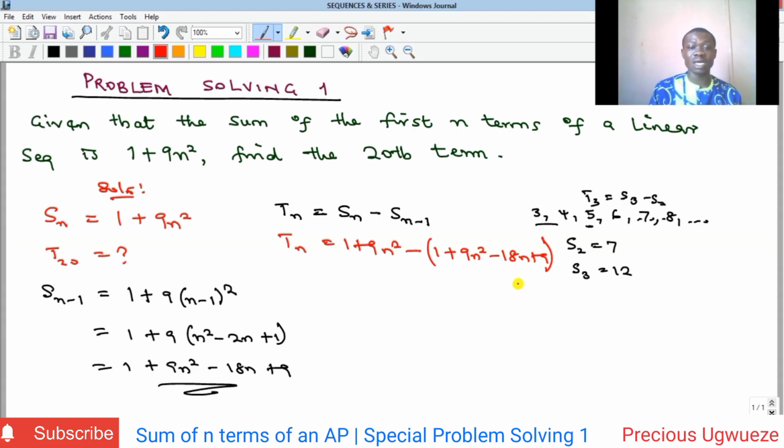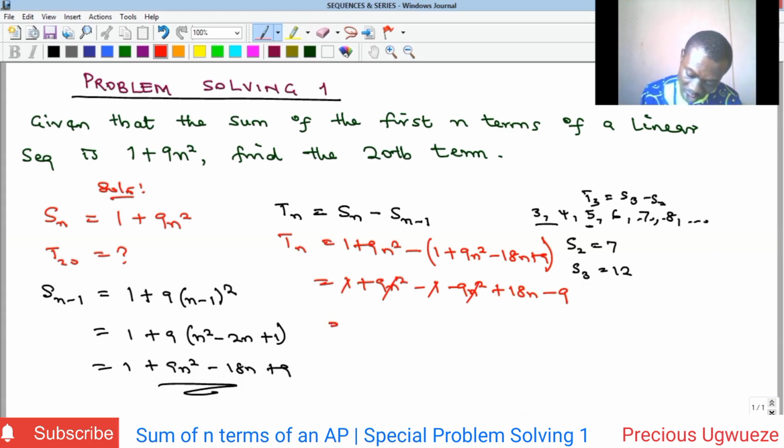That's our Sn minus 1. So if we open our bracket here, we'll have 1 plus 9n squared minus 1 minus 9n squared plus 18n minus 9. And what would that give us? 1 will take away 1 here, 9n squared will take away 9n squared here. So we are going to have that our Tn alone is equal to 18n minus 9.